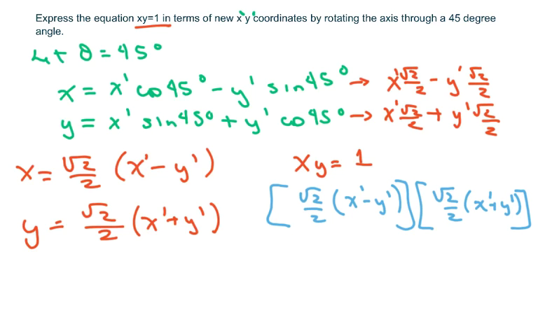This is of the form a minus b times a plus b, which is a squared minus b squared.